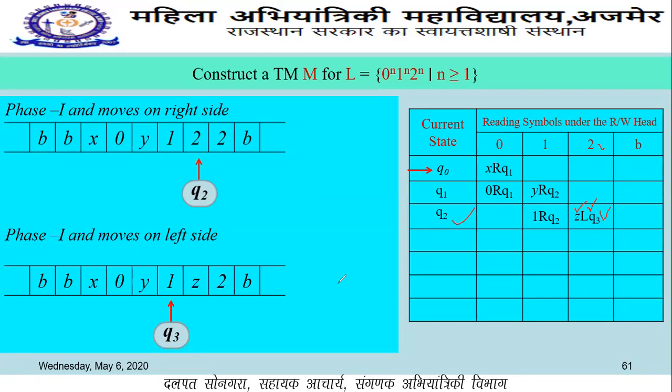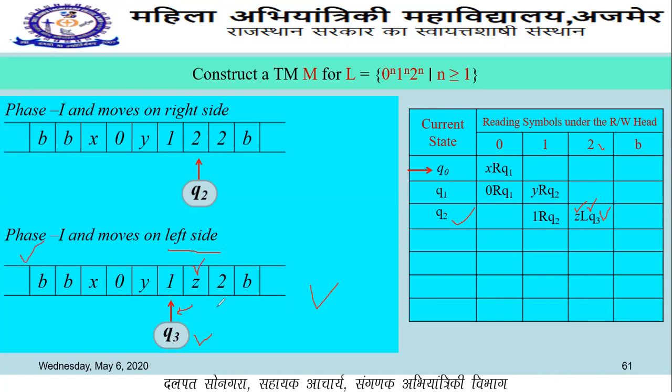At this point, the first 2 is replaced by z, and we take a left turn and change the state to q3. This is the left side move. We are turning from right to left, and this is in phase 1.